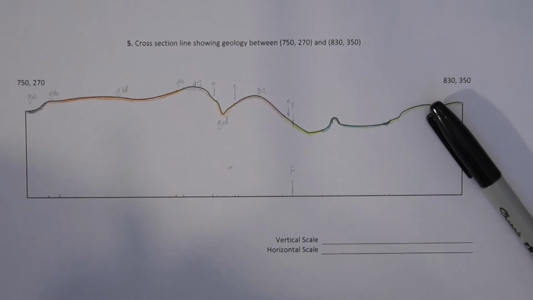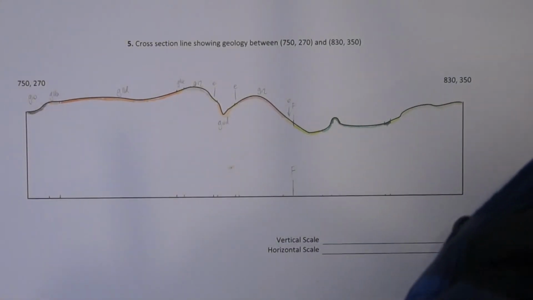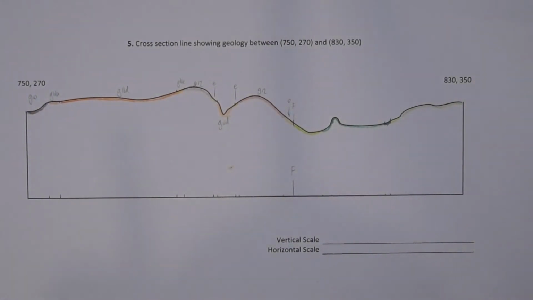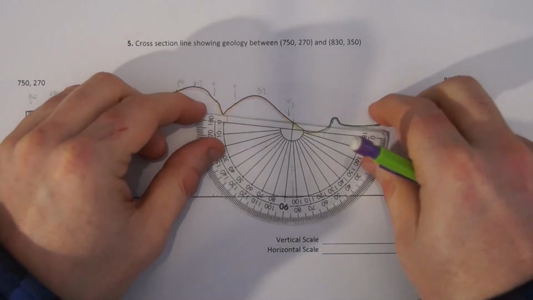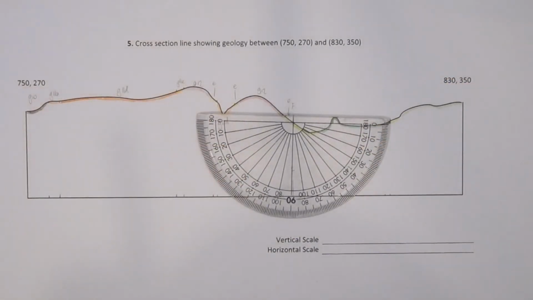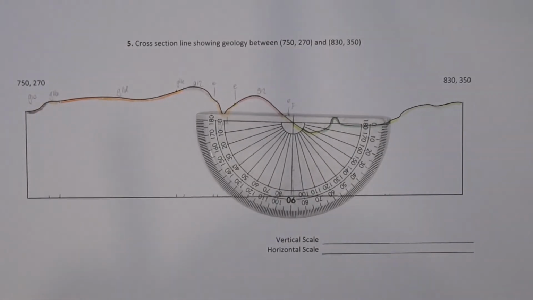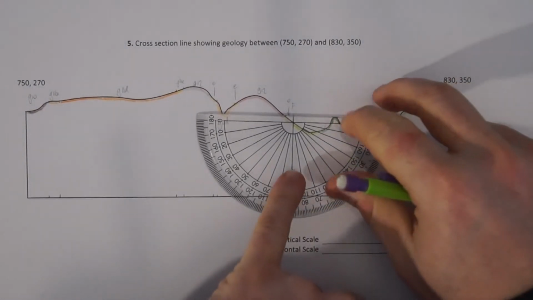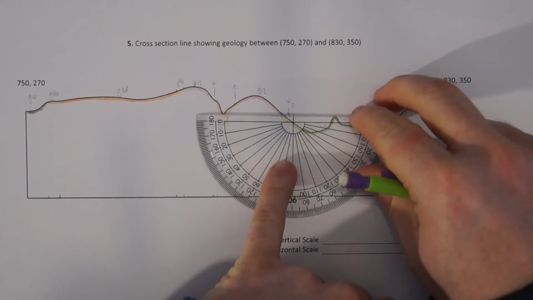Okay, but now back to the cross section. What I can do is then put my protractor on my cross section and draw my apparent dip of the fault at 64 degrees.